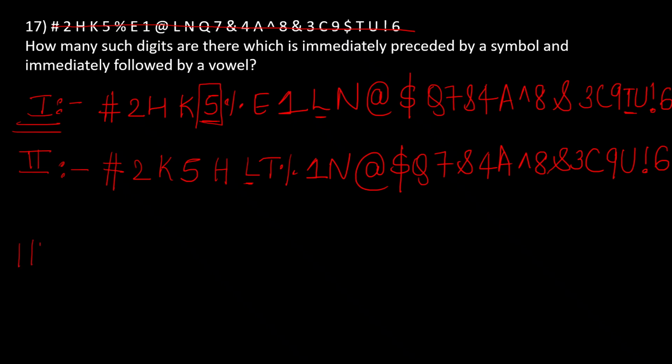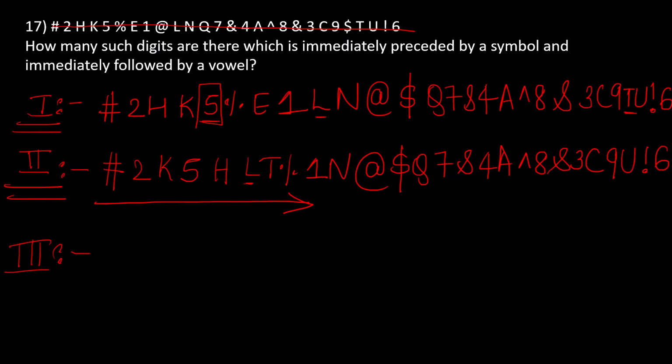Now coming to the third step. For the third step you will see the second step, not the first step. Whatever they have told, you will check the series of this.